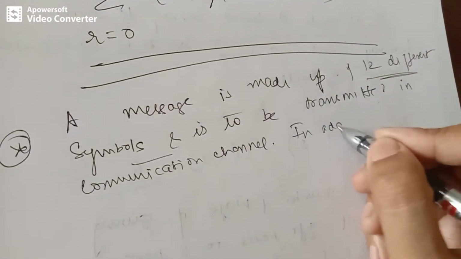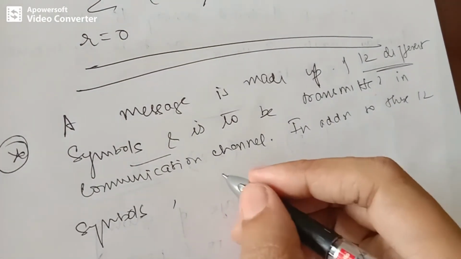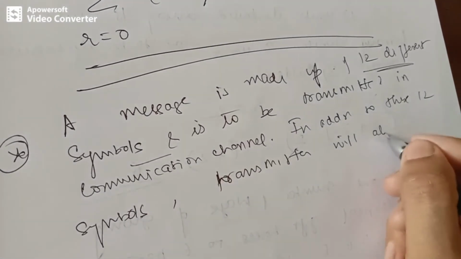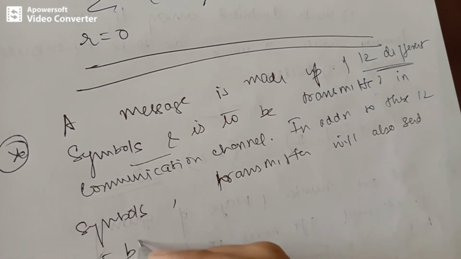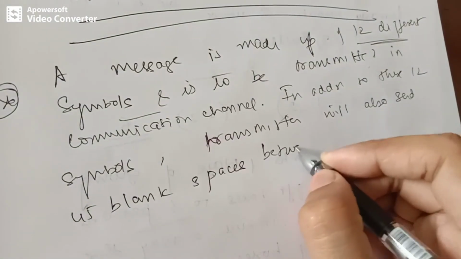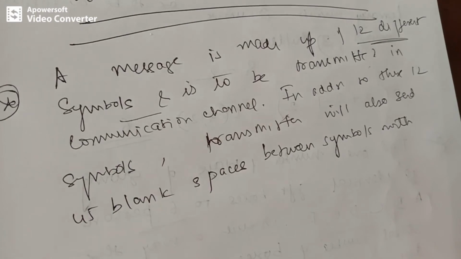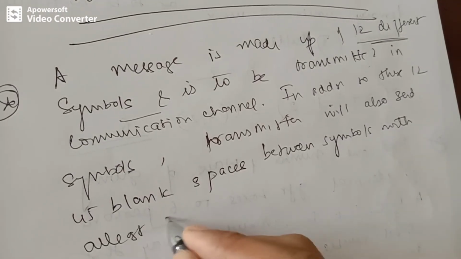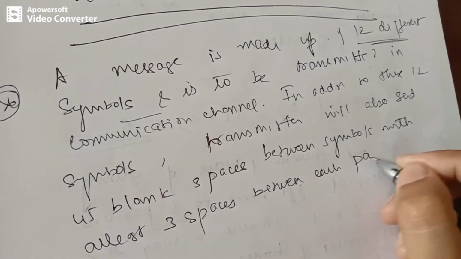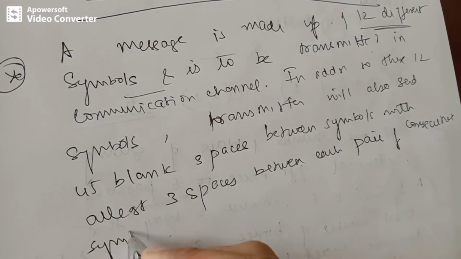In addition to these 12 symbols, the transmitter will also send 45 blank spaces between the symbols, with at least 3 spaces between each pair of consecutive symbols.